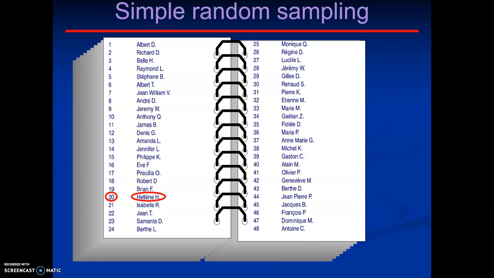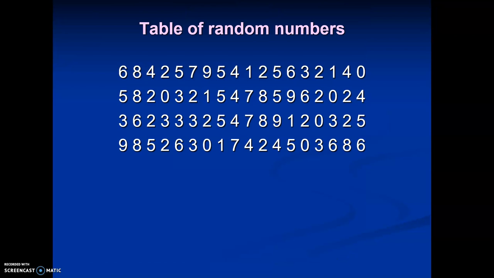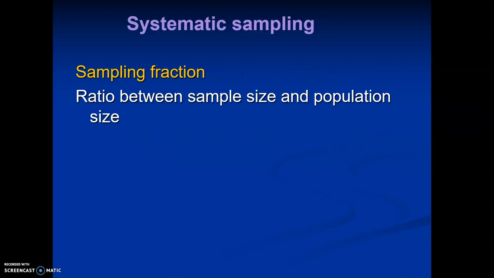You can choose number 20, number 40, number 29, number 27. This is random, that's why we have simple random sampling. So you can generate random numbers.